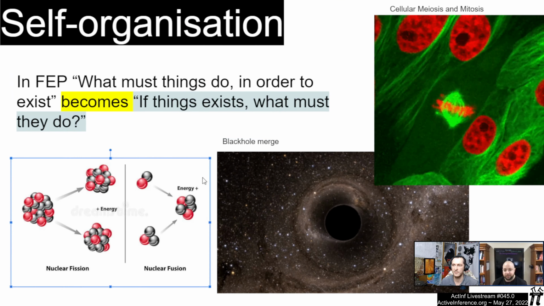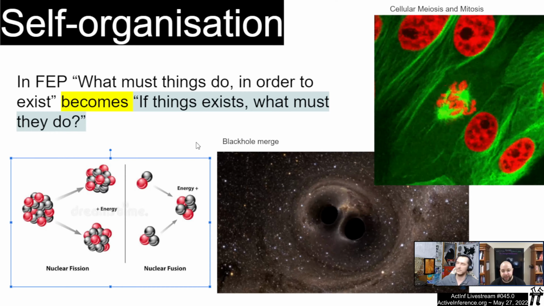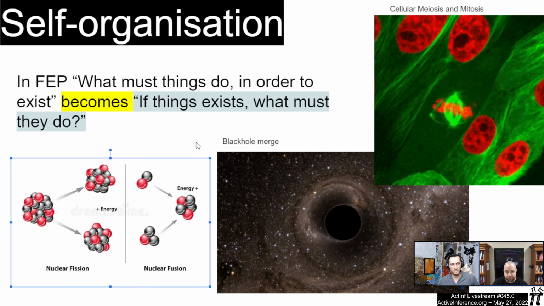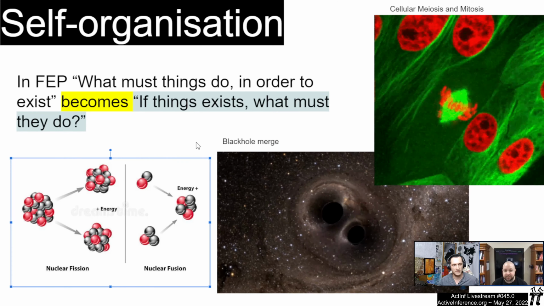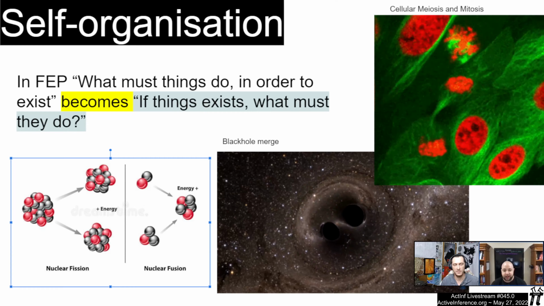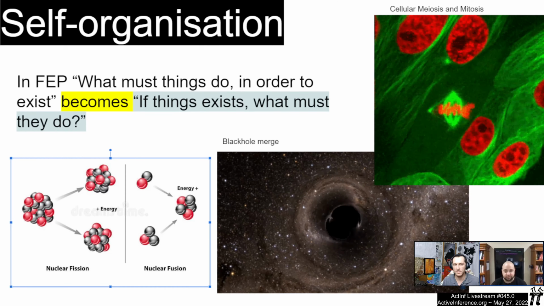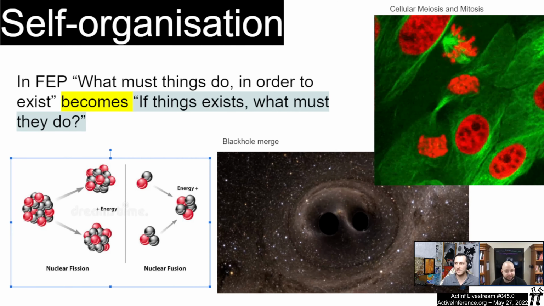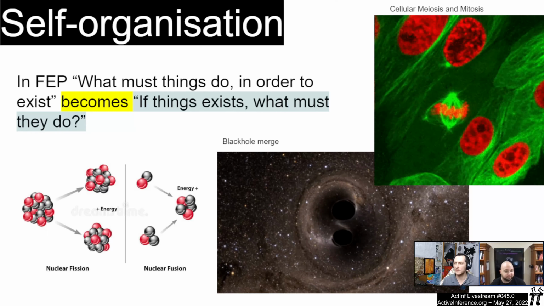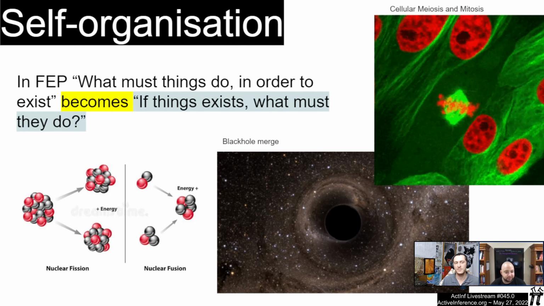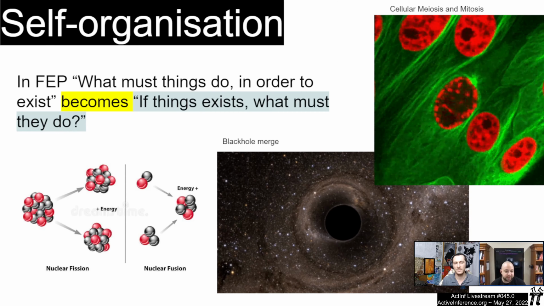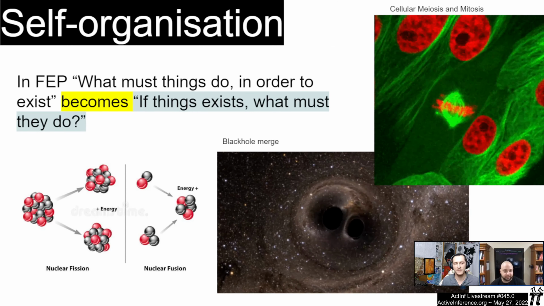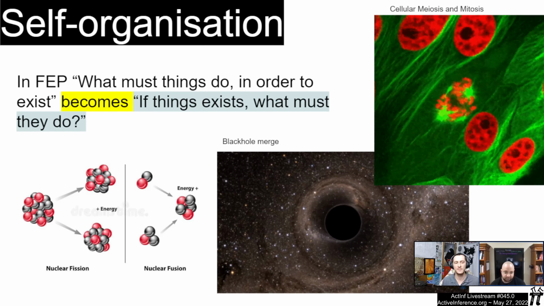And so this is saying, we have now a Bayesian evidence of black hole mergers. What must it be doing for that data, that new evidence, to exist? Like, how does nuclear fusion, how does that turn into two atoms turning into one atom? What must it be doing instead of the other way around?